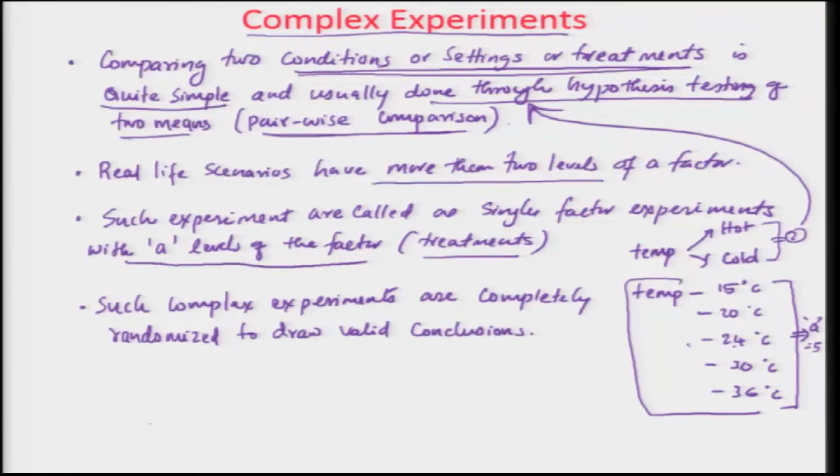You randomize the entire experiment completely when you have such a large number of levels. These complex experiments need complete randomization so that you can draw valid conclusions out of them. That is what we talk about with complex experiments.